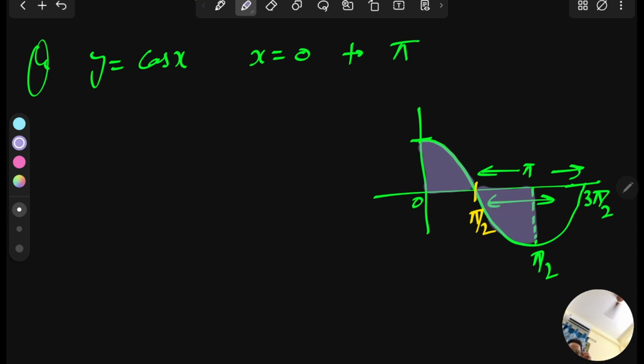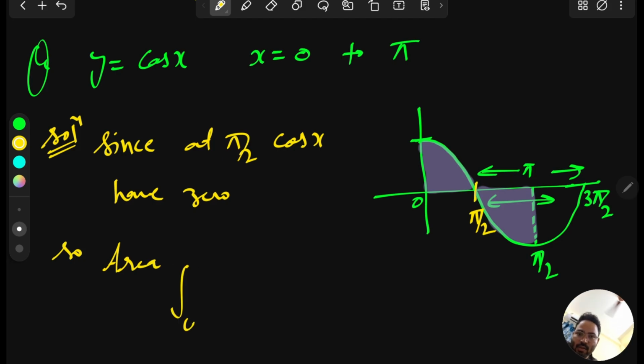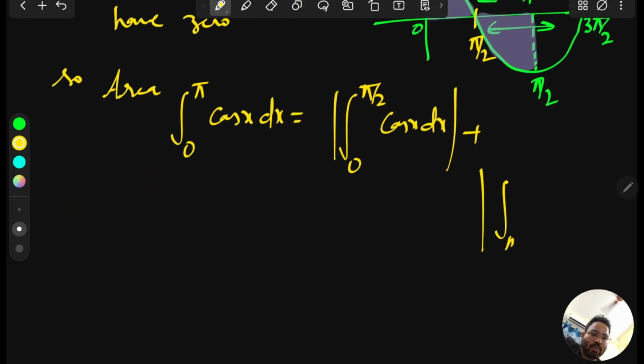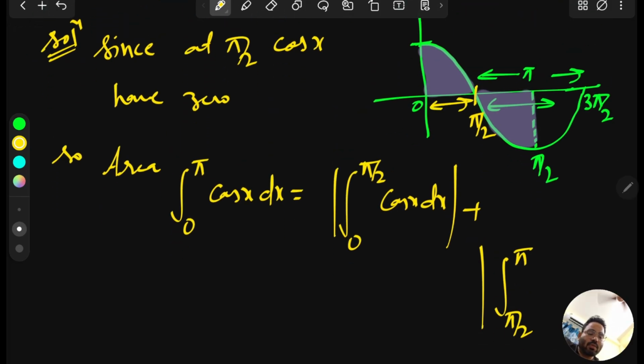Now you can clearly see at pi by 2 the cos has 0 in this interval. So how can we do it? Since at pi by 2 cos x is 0, the area, integration 0 to pi cos x dx, we can write as integral 0 to pi by 2 cos x dx, take the modulus, plus integration pi by 2 to pi, because we can break the definite integral at pi by 2.